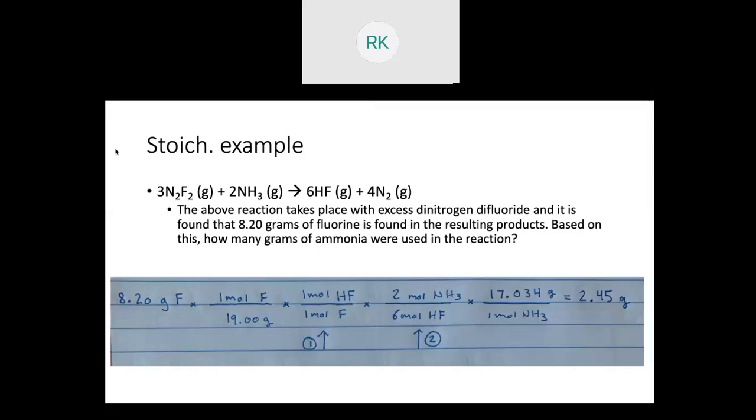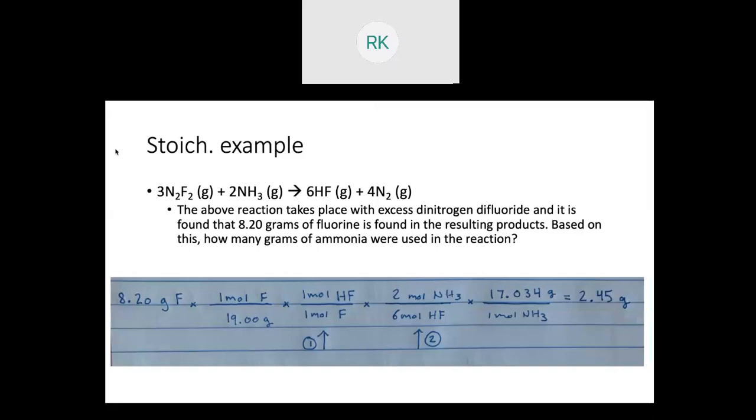There are just a few things I want to point out here. If it's 8.2 grams of fluorine, we should convert to moles of fluorine. So 19.00 grams is 1 mole of fluorine, and then 1 mole of fluorine is 1 mole of HF. Now there's a 1 with an arrow pointing to this conversion unit, and the reason for this is a time where our conversion unit is derived from a single compound, right? Fluorine is in HF.